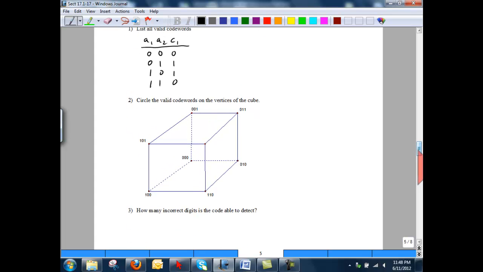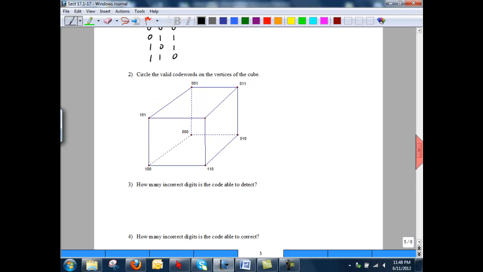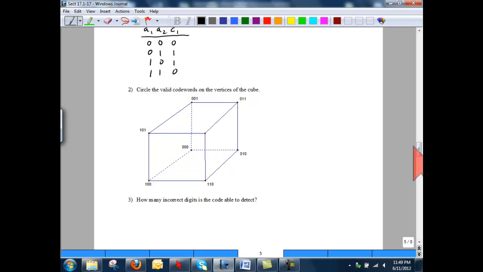Now, to illustrate the idea of distance, I'm going to take this cube and put the code words at the vertices of the cube. There are 4 valid code words, but there are actually 8, 2 times 2 times 2, strings of 3 bits.